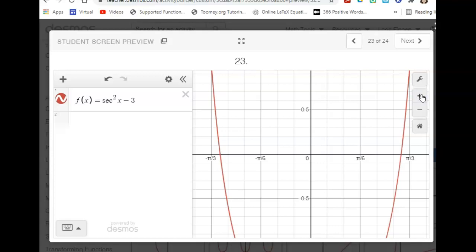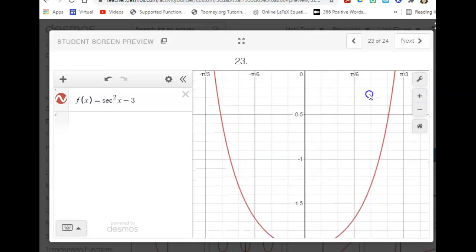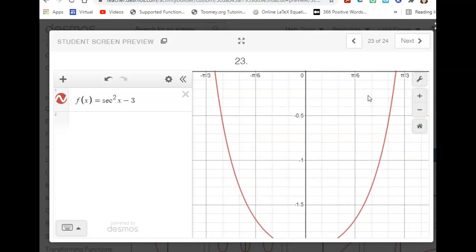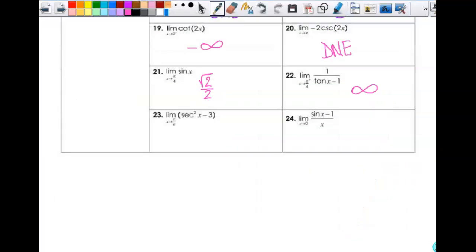There we go. You can click and drag. As it approaches pi sixths from the right and from the left, I'm getting these decimals here, but all my trig stuff should be in exact form. I'm not getting an undefined there, so clearly it actually has a value. So I can just substitute in the value of pi sixths.